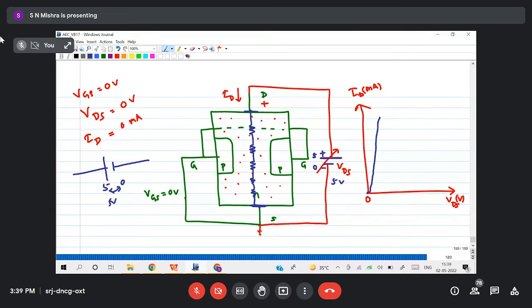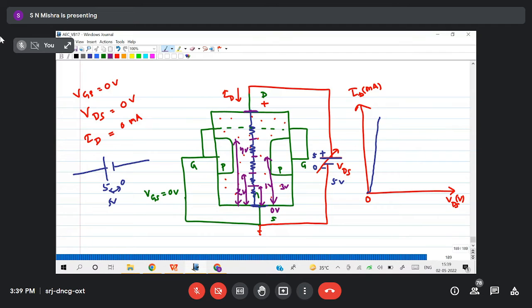I'll divide it: this is 0 volt from here to here, 1 volt drop from here to here, 2 volt drop from here to here, 3 volt, then 4 volt, then top to bottom 5 volt drop.